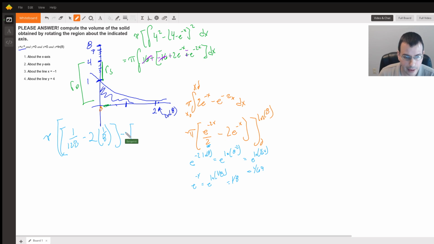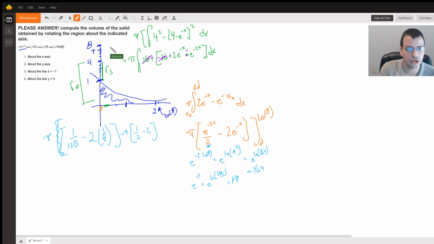So it'll be pi times e to the 0, which is 1, but 1 divided by 2 will be 1/2, minus 2 times e to the 0, which is 1, and 1 times 2 is 2. I'm going to simplify things a little because I can see that's going to be negative 2, so I'm going to switch things around, reverse it if you will.